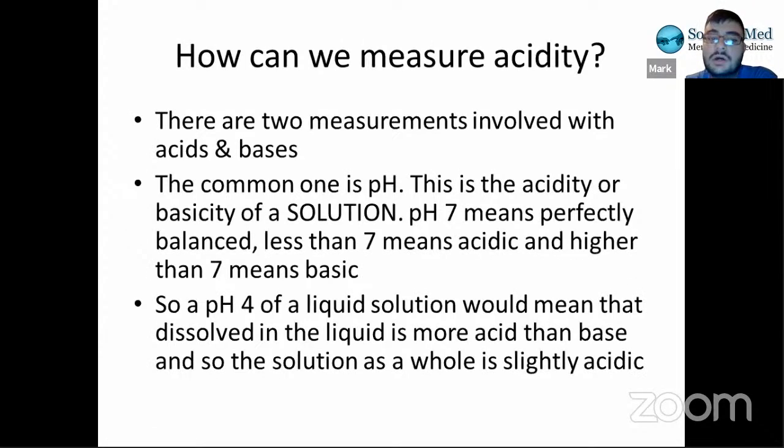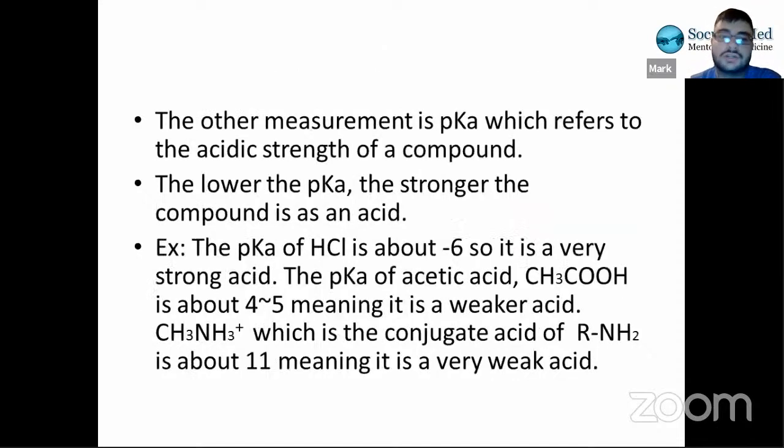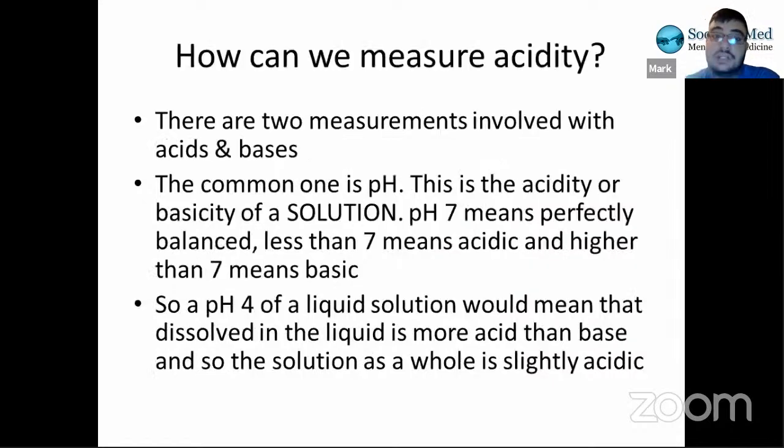Back to what I was saying. A pH 4 liquid may have both acid and base, just more acid than base. So that's why it's overall more acidic, a higher concentration of acid than base. Essentially, pH is a measure of the concentration of H plus. That's what the H in the pH stands for. So if you have a lot of H plus, it goes down close to 0.